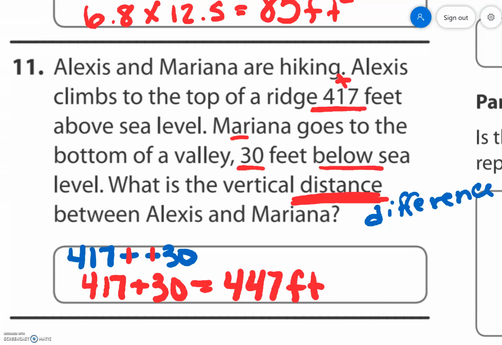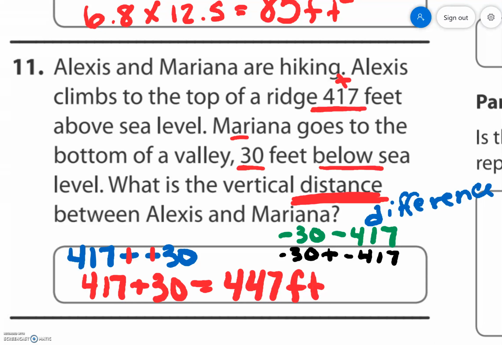Now, it doesn't matter what order you put the numbers in. Say we did negative 30 minus 417. Now we can use our rules of subtraction. Remember, keep, change, opposite. Keep negative 30, change the subtraction to addition, and the opposite of positive 417 is negative 417.